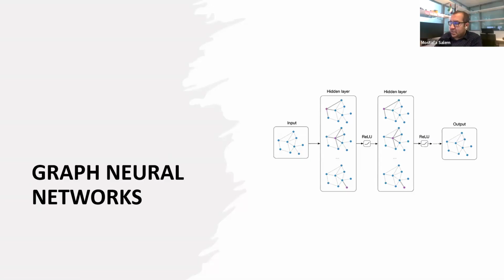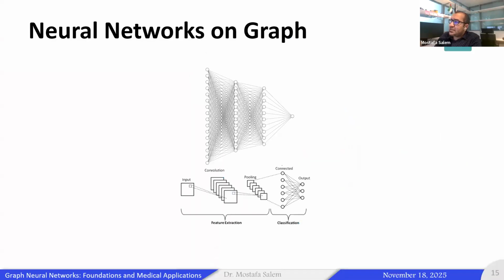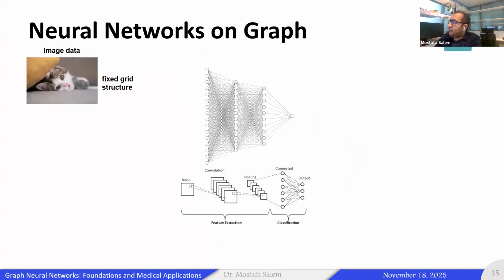So now let's start with what graph neural networks are. Graph neural networks are just like the other traditional machine learning architectures, like MLP or CNNs. I'm not sure if most of you are familiar with what an MLP, multi-layer perceptron, or a CNN, convolutional neural network, is.